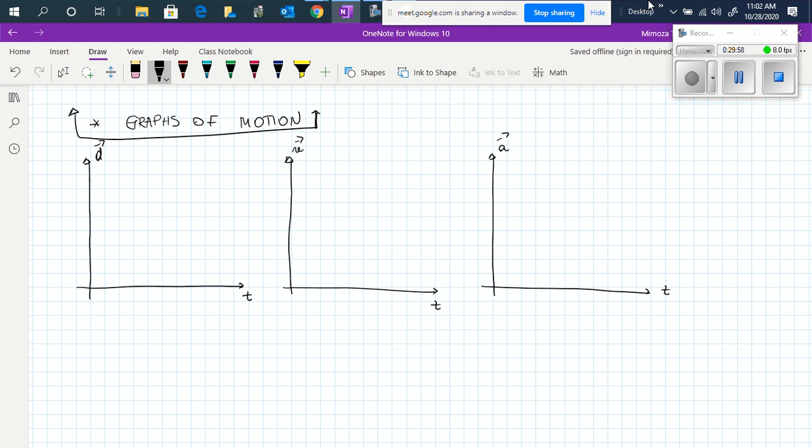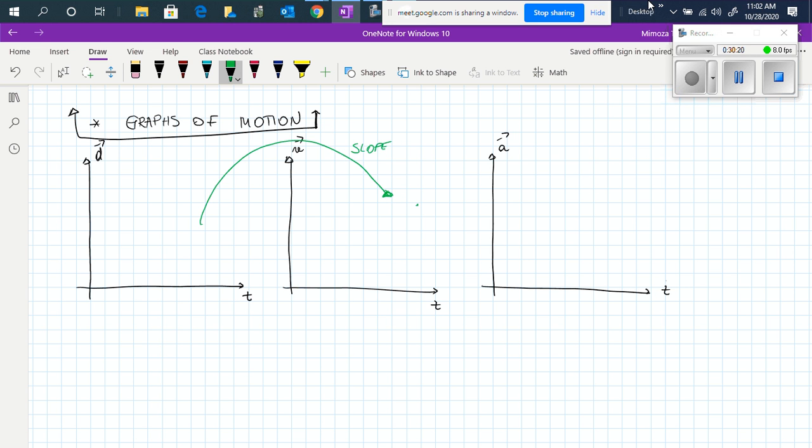The way that we deal with them is that when we know the displacement or position time graph, and we want to figure out what is happening with the velocity time graph, we calculate the slope.